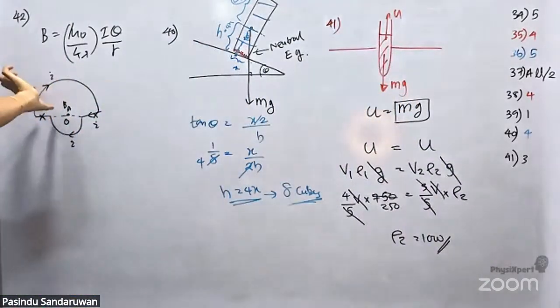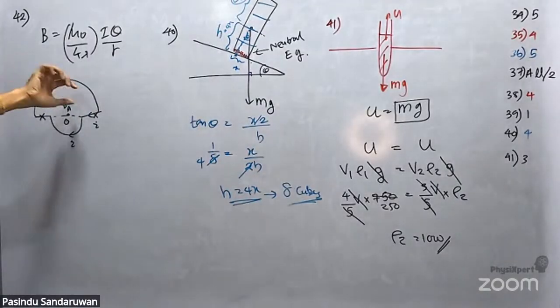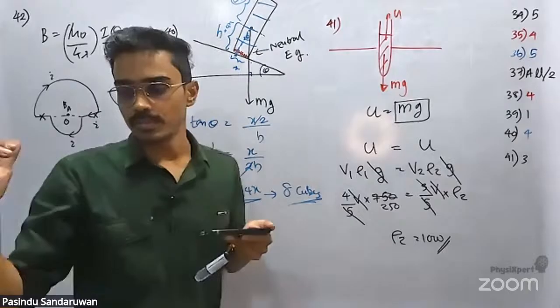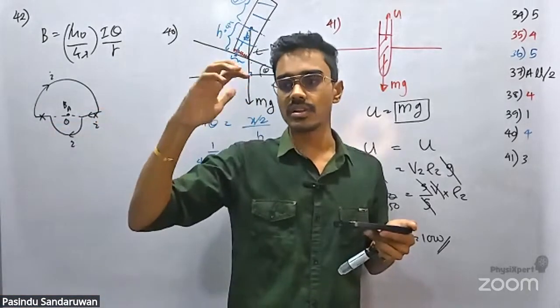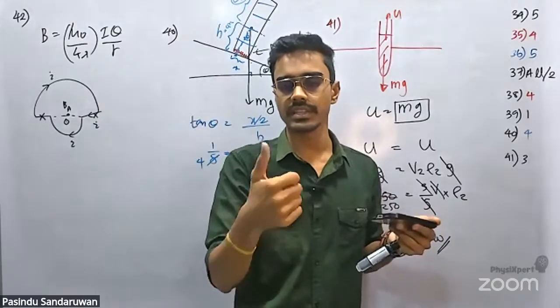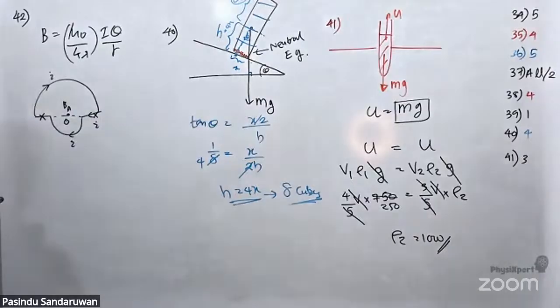The direction of this magnetic flux density is cross, and from this current also, the direction is cross. Put all four fingers in the direction of current flow, and the thumb gives you the direction of the magnetic flux. This is cross, this is also cross, which means these two are going to be added.